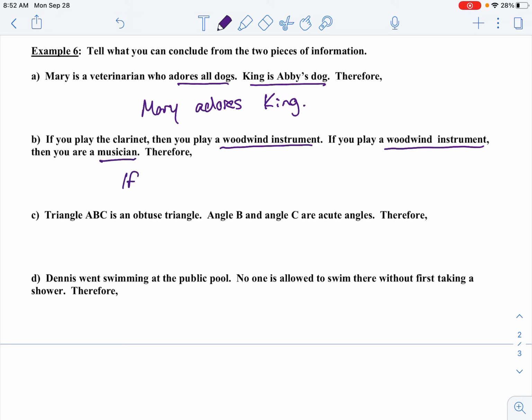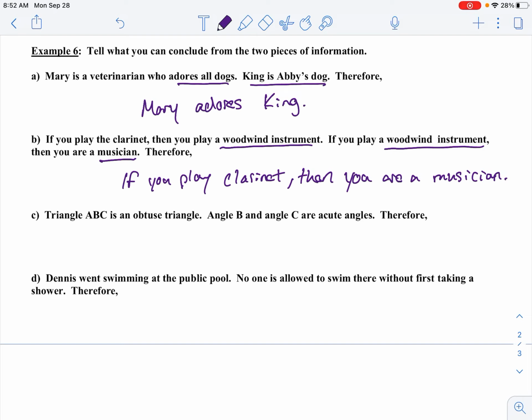Therefore, if you play clarinet, because that's what we started with, we can conclude, then you are a musician. All right, so I do not play clarinet, that's not me. But if I did, I would be a musician. We're using the fact about if you play a woodwind instrument, you are a musician. So we're using deductive reasoning again there.